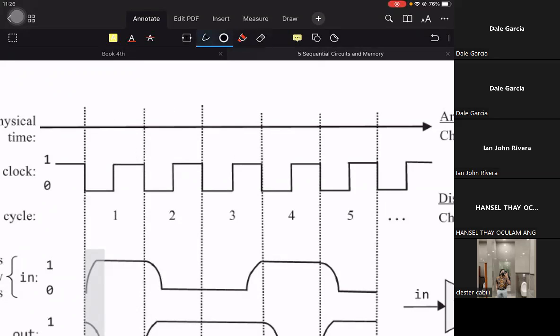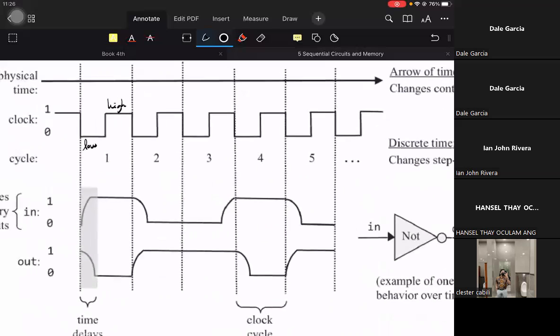So it's also possible. Technically it's arbitrary what we will choose for the first instance of time. So for this example, our clock goes from low to high, and then low again to high, and then low again to high, and so on and so forth. So it just goes from low to high. It isn't necessarily 0 to 1. So it is just low to high. Yeah.